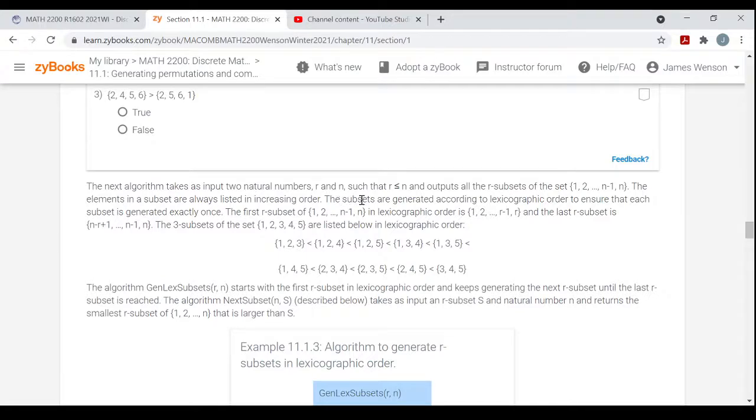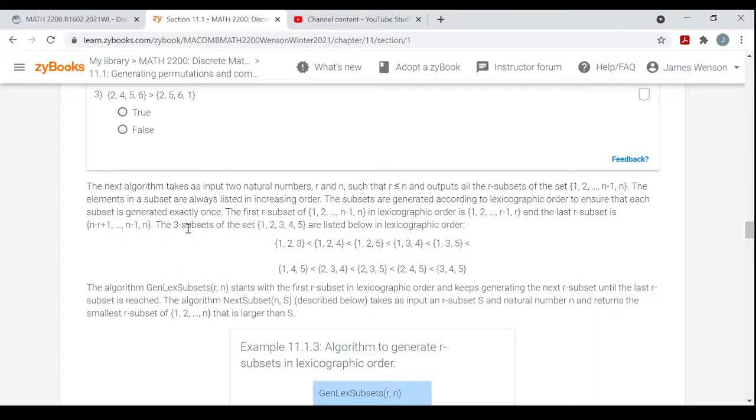The subsets are generated according to lexicographic order to ensure that each subset is generated exactly once. So the first r subset of the set 1 through n would be the set 1 through r, just the first r elements. The last r subset would be n minus r plus 1 up to n, the last r elements when in order.